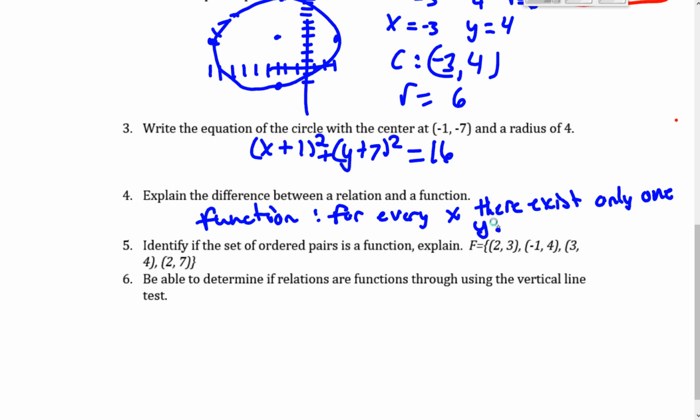So like y equals x squared is fine. x is related to y by taking x and squaring it, you get y. So that's a relation, but it's also a function because I can put any x in here and only get one answer out.